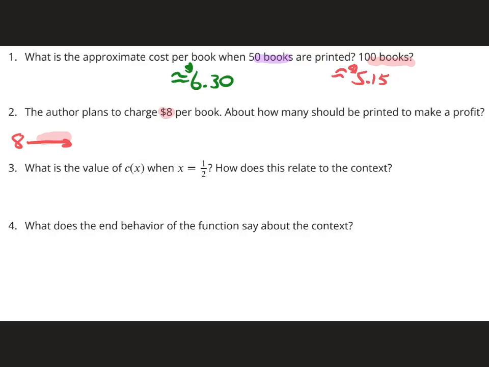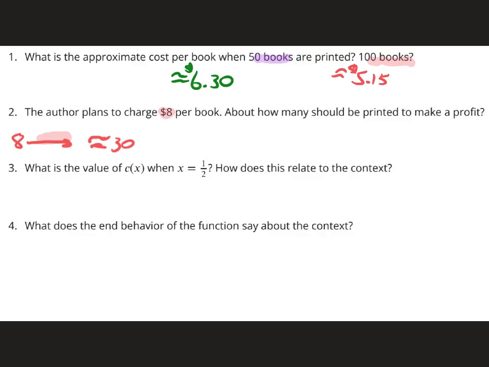And we can see that the cost per book is 8. How many books would need to be printed? It's about 30. Now you can put these numbers right into the calculator and get a more accurate answer.